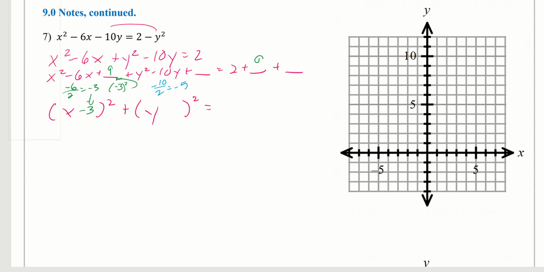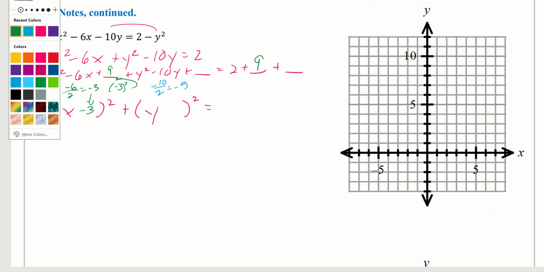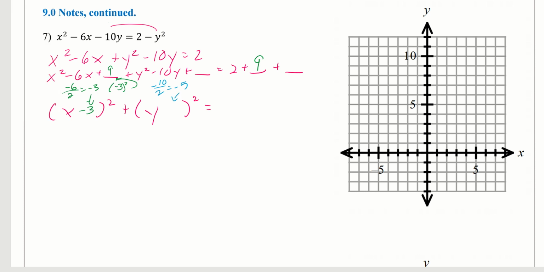Since the GCF is 1, add the 9 to the other side. This guy goes right here. Square it. And goes right there. And since the GCF is 1, we also add it right there. So if I add those together, we've got a 36.